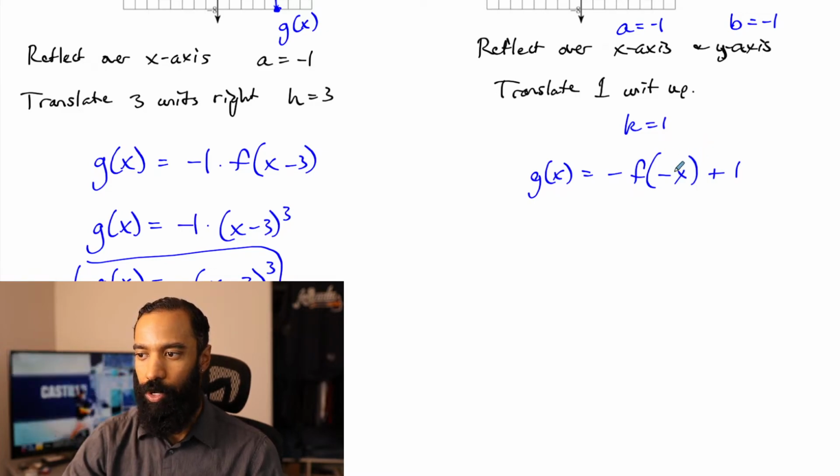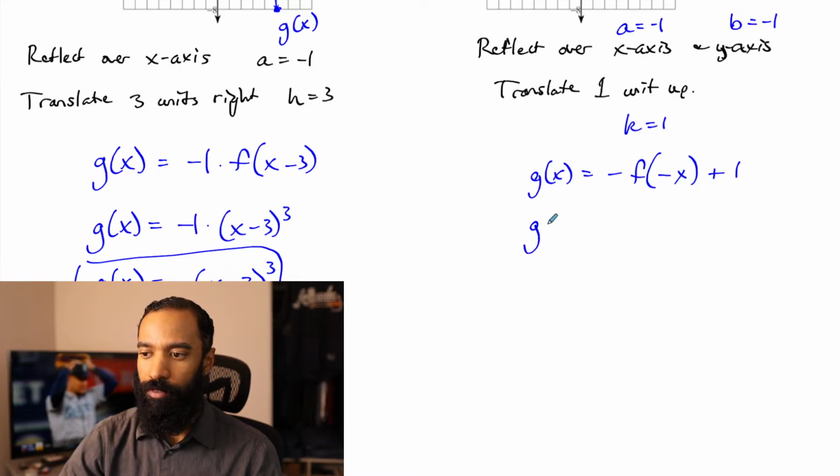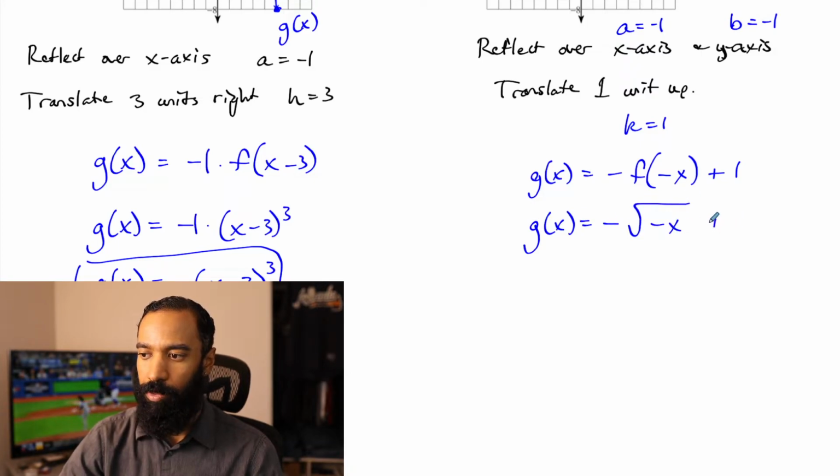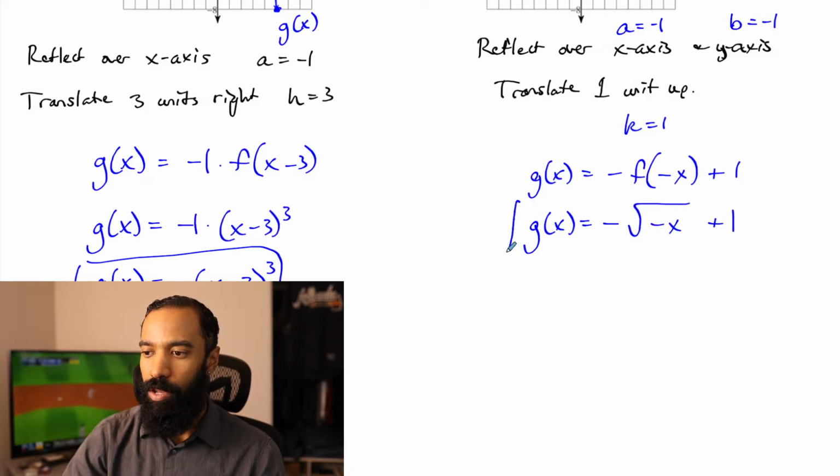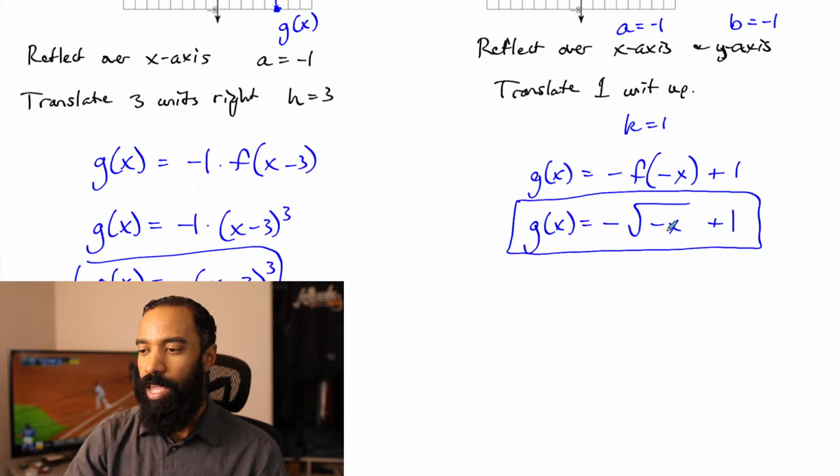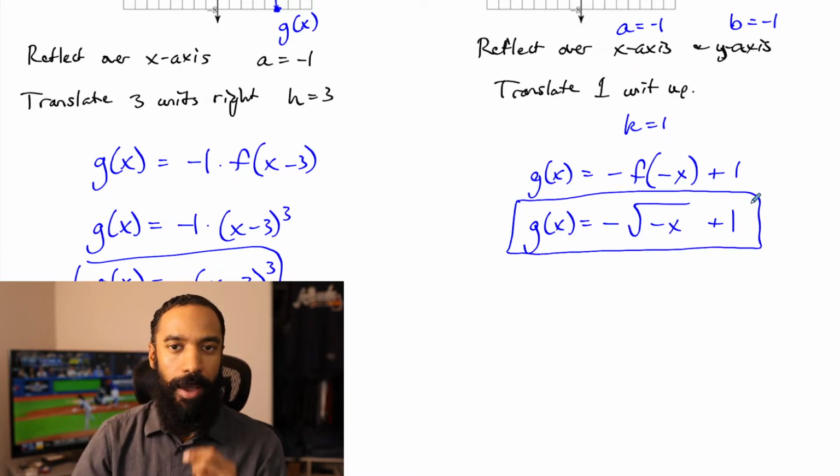So there's no horizontal translation, it would just be that. As a square root of x, then it would look like -square root of -x plus 1. And I want to state one more time here, guys. In a square root, the negative cannot come out in that sort of way.